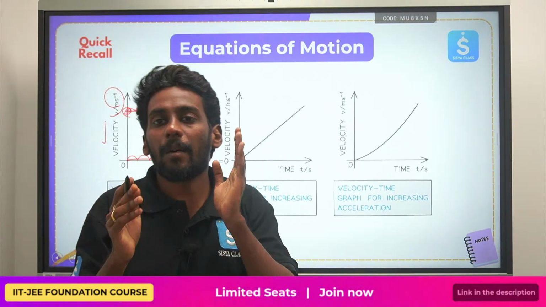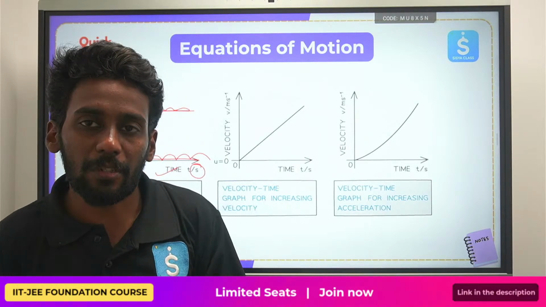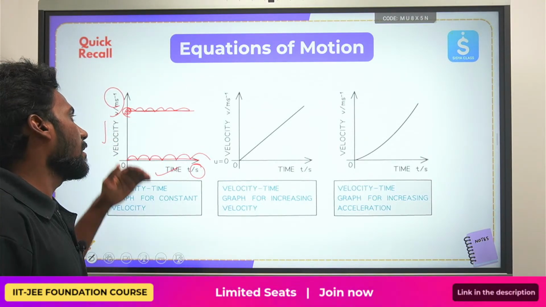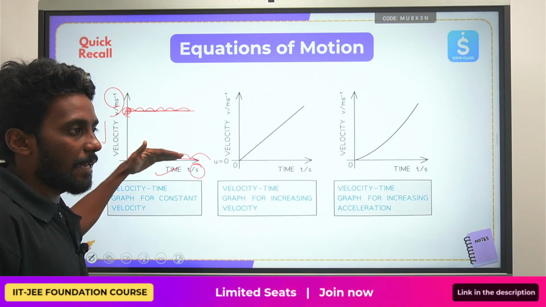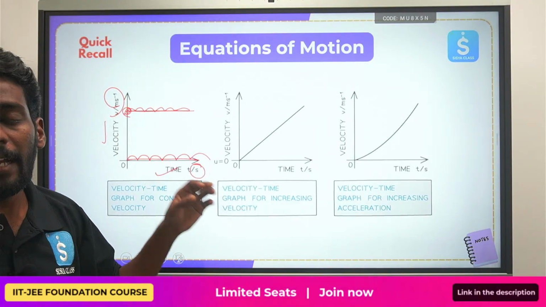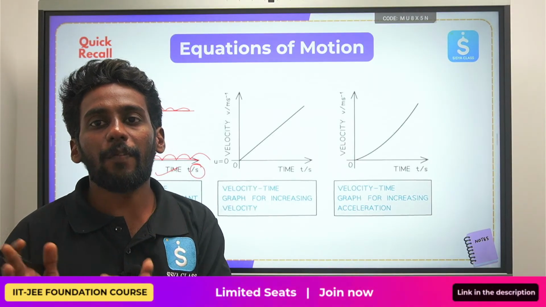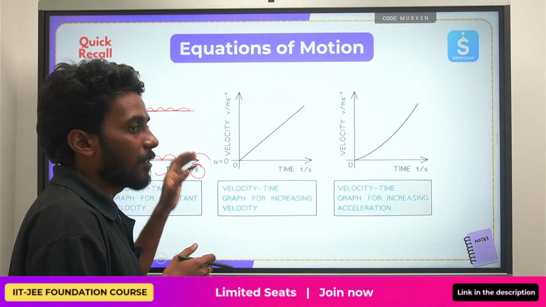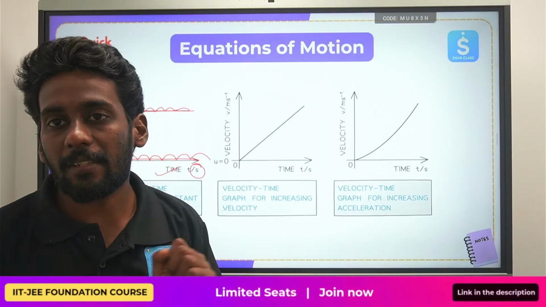It means the body is in uniform motion. So whenever you are seeing a straight line graph which is parallel to the x-axis for the velocity time graph, it means the body is in uniform motion. There is no acceleration or deceleration in this case, right?